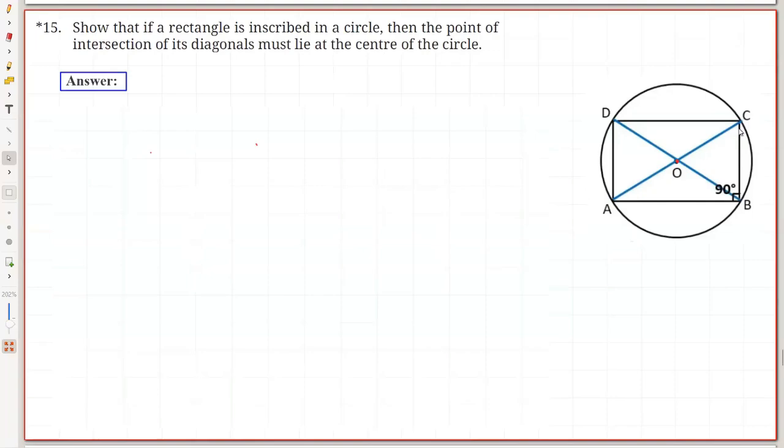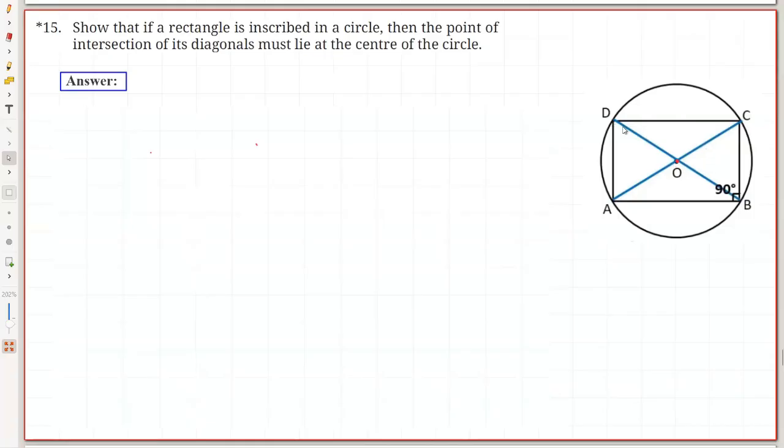Diagonals are equal means AC is equal to BD. Bisect each other means AO is equal to CO, and OB is equal to OD. Since diagonals bisect each other as well as being equal, we can say AO is equal to OB, OB is equal to OC, OC is equal to OD.